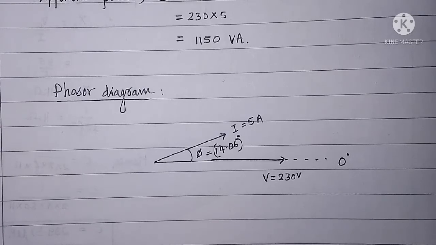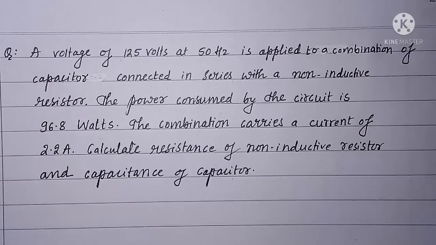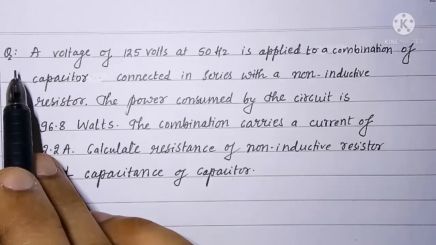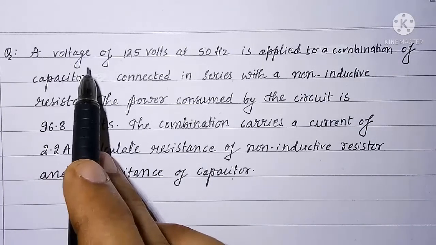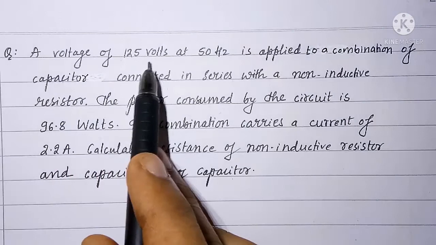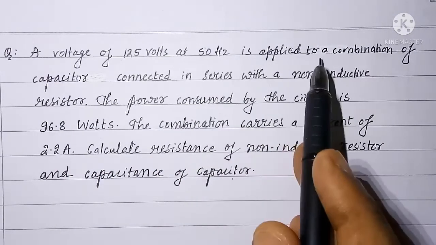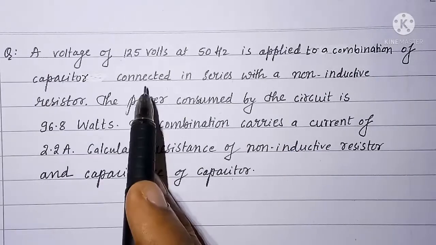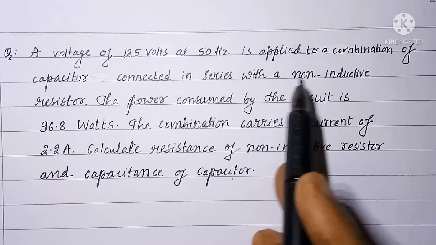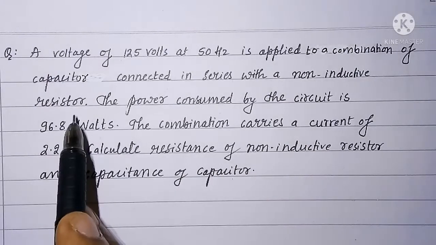Now we will take another problem. Question number 2. A voltage of 125 volts at 50 Hz is applied to a combination of capacitor connected in series with a non-inductive resistor.